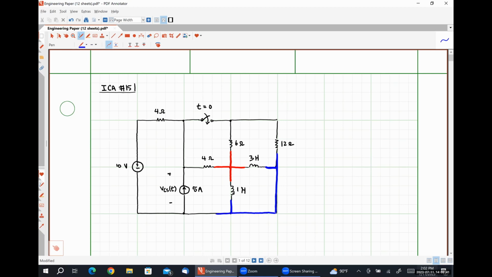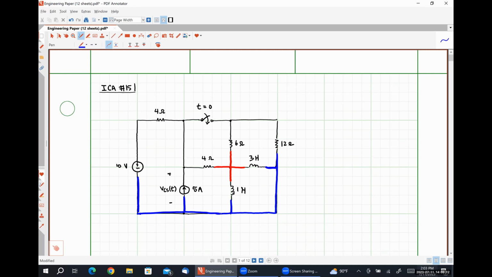Well, just for the sake of argument, let me extend it all the way. So both inductors are between the red node and the blue node, which means they are in parallel. And so we could combine them into a single equivalent inductance. And that single equivalent inductance is going to appear between the red node and the blue node.